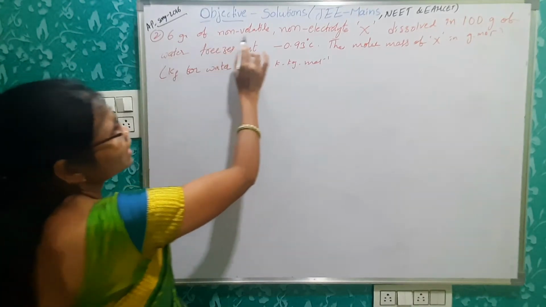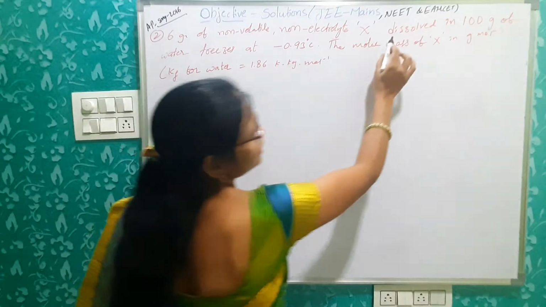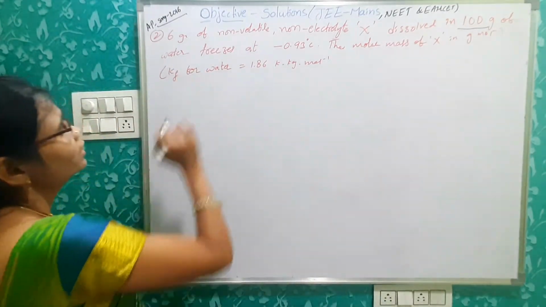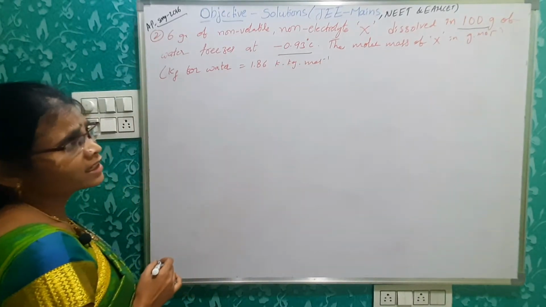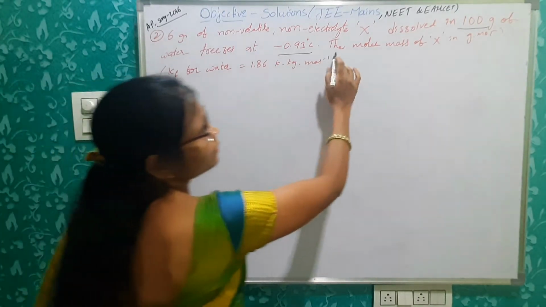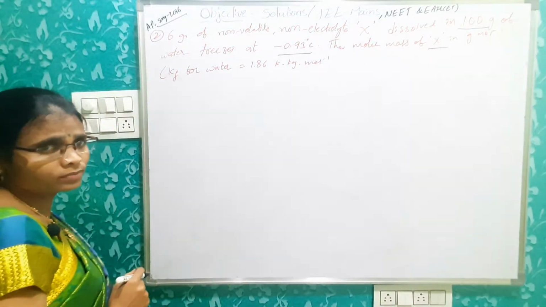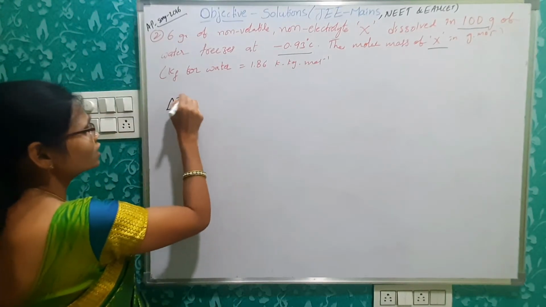6 grams of non-volatile non-electrolyte X dissolved in 100 grams of water freezes at minus 0.93 degrees Celsius. The molar mass of X in gram per mole is? So what is the formula? Simply the freezing point depression formula.